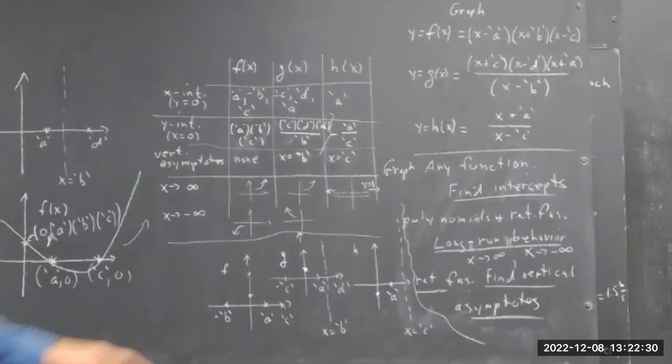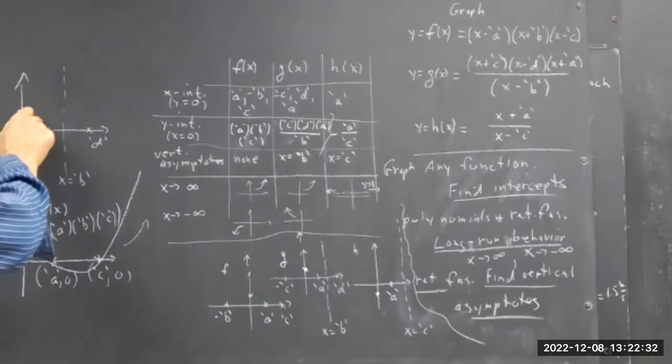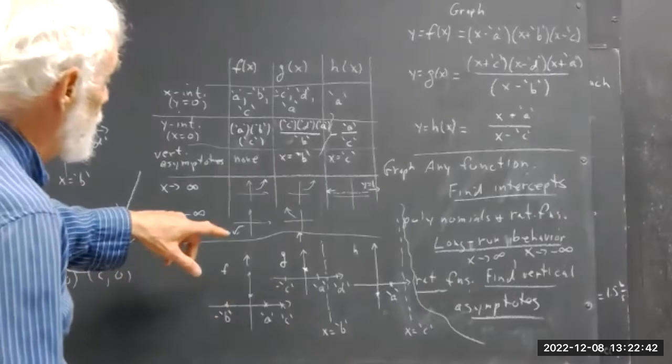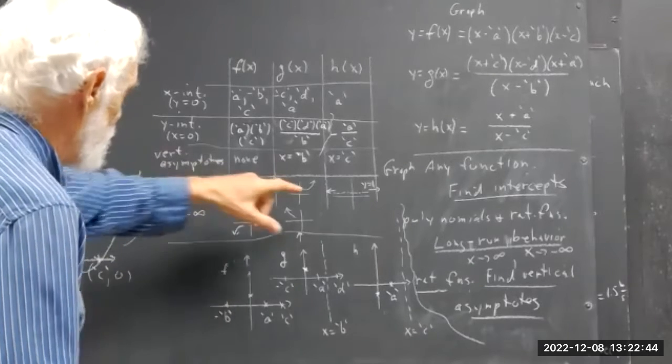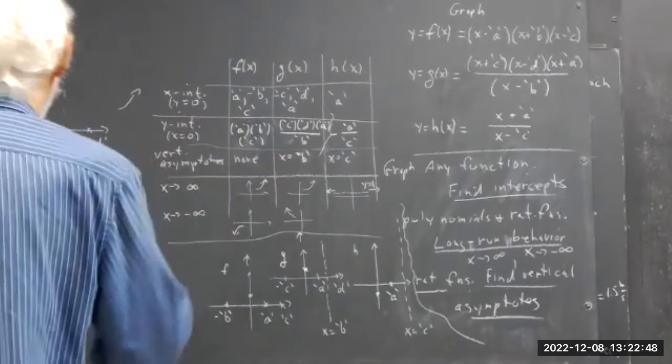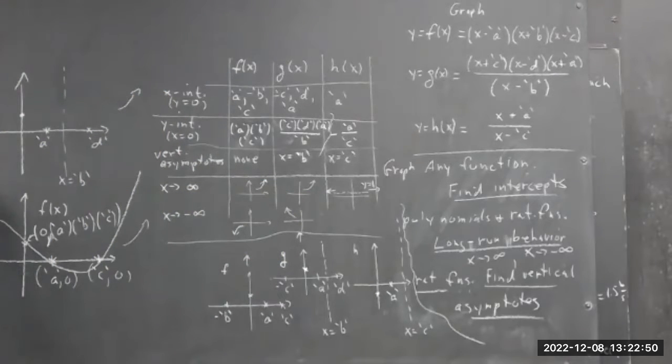We have a y-intercept, which is up here. We don't label it just yet. Get the curve, then figure out where to put your label so the curve does go through the label. We go up when we get out that far to the right here. We go down when we get out far to the left here.